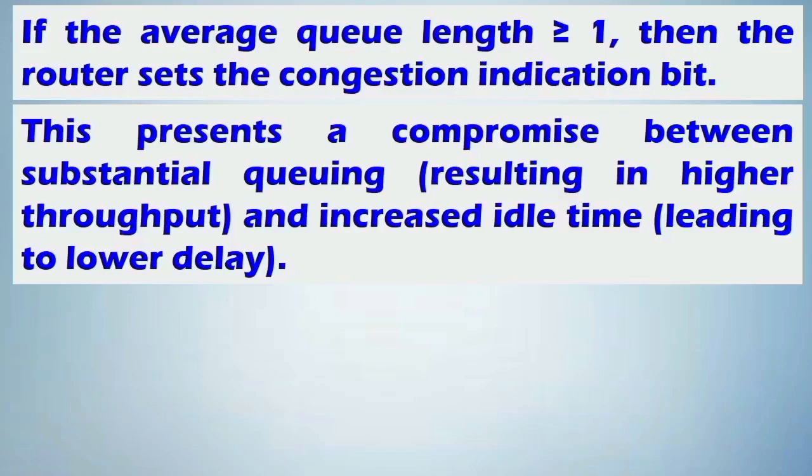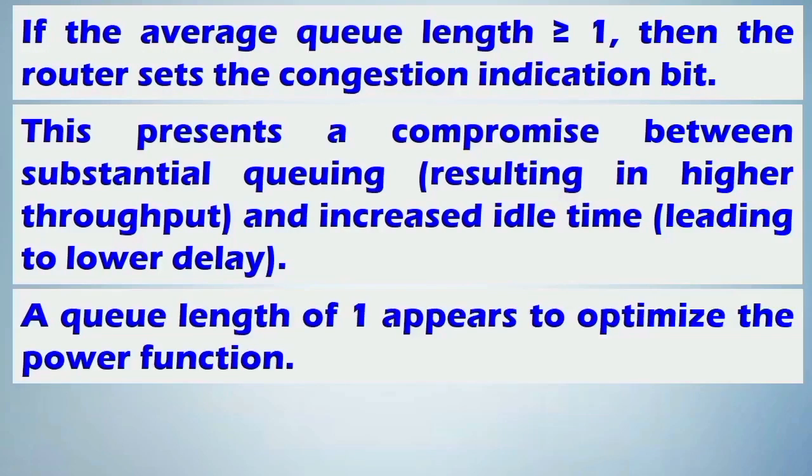Using a queue length of 1 for setting the congestion bit is a trade-off between significant queuing, which can lead to higher throughput, and increased idle time, which can result in lower delay.